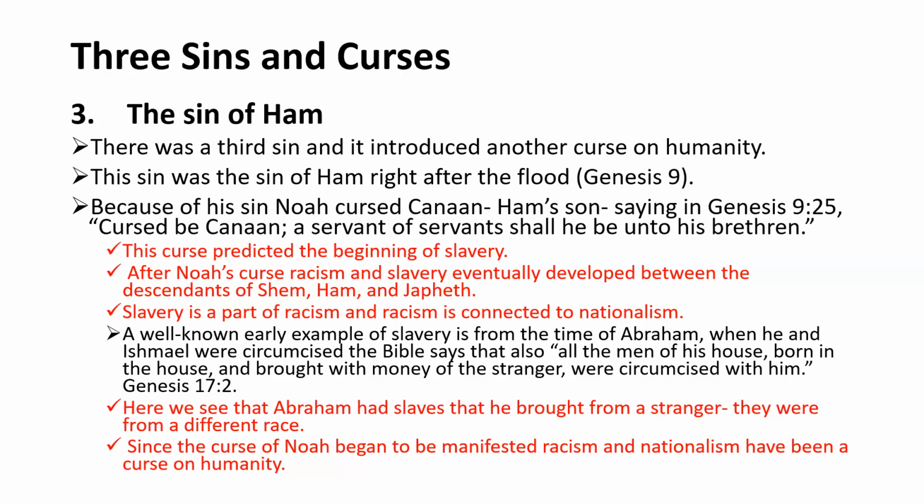So here we see that Abraham had slaves that he had bought from a stranger, and they were of a different race, right? So since the case of Noah began to be manifested, racism and nationalism have been a curse on humanity. So now the sin is the sin of Ham, right? And that sin has the effects of nationalism and racism.